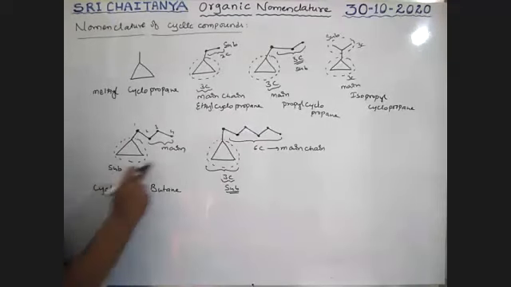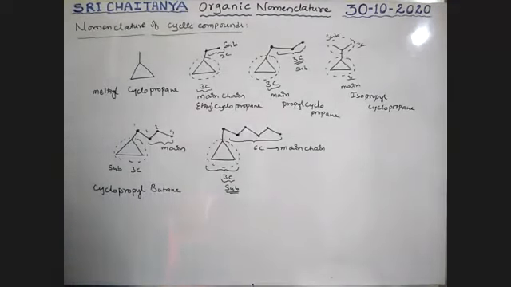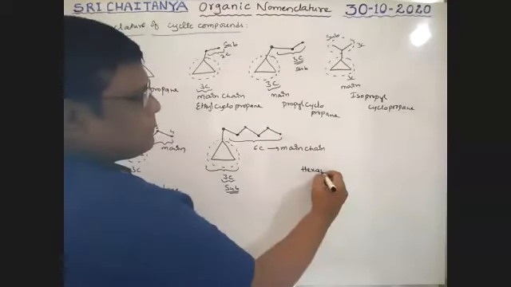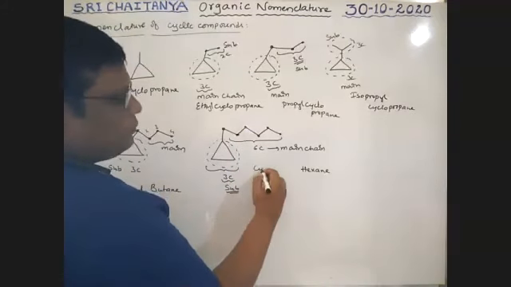Here it is a substituent. Like this here also, that is 6 carbons, hexane, but cyclopropyl.